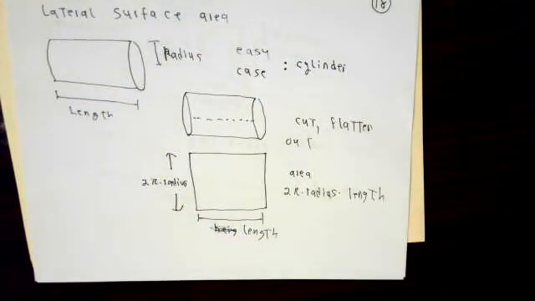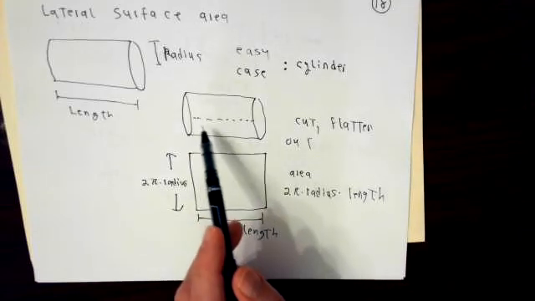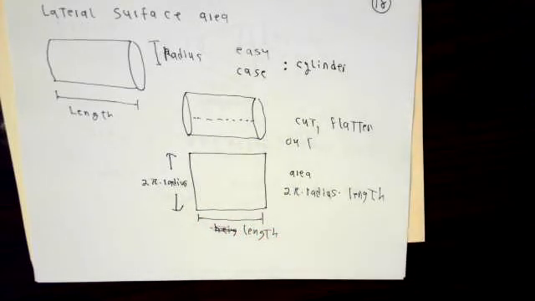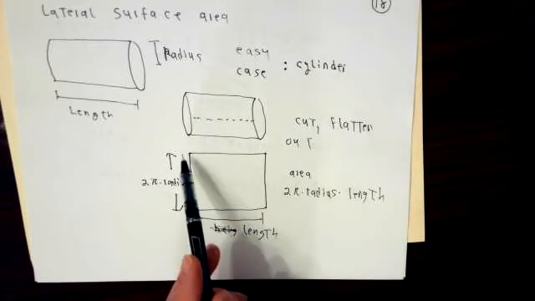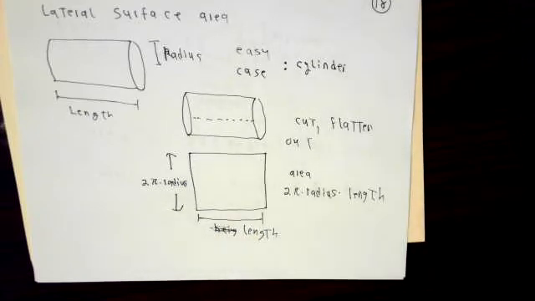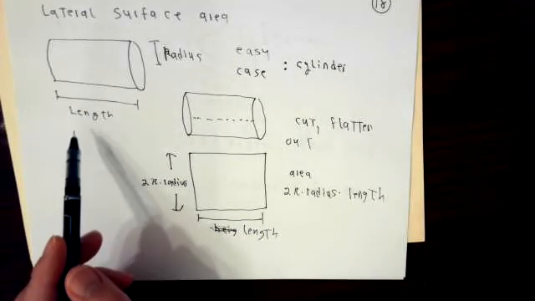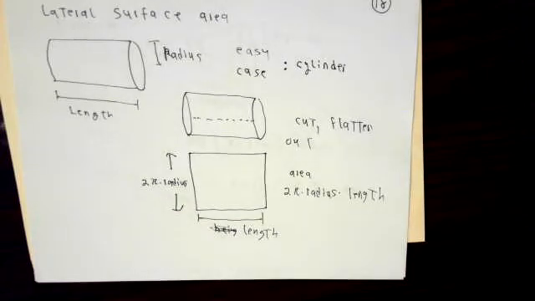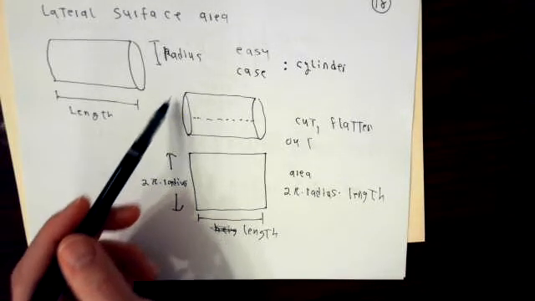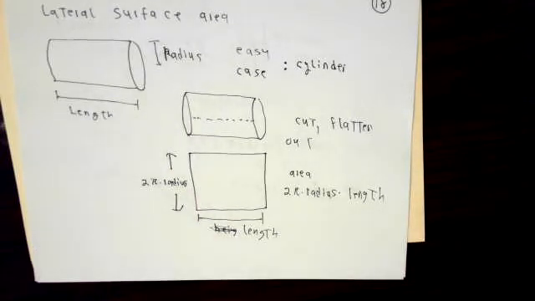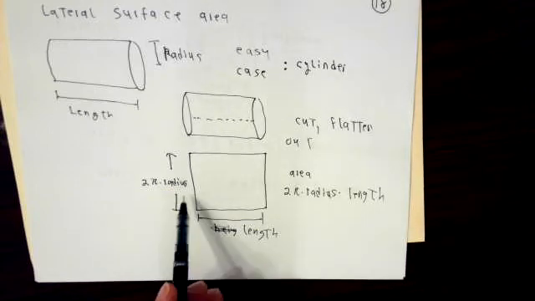I'll think of taking an X-Acto knife and slicing it right down the side and unrolling it, flattening it out. This is still the length that I started with, and the other direction is how much distance I've got around a circle, which you'll remember is 2 times pi times the radius.